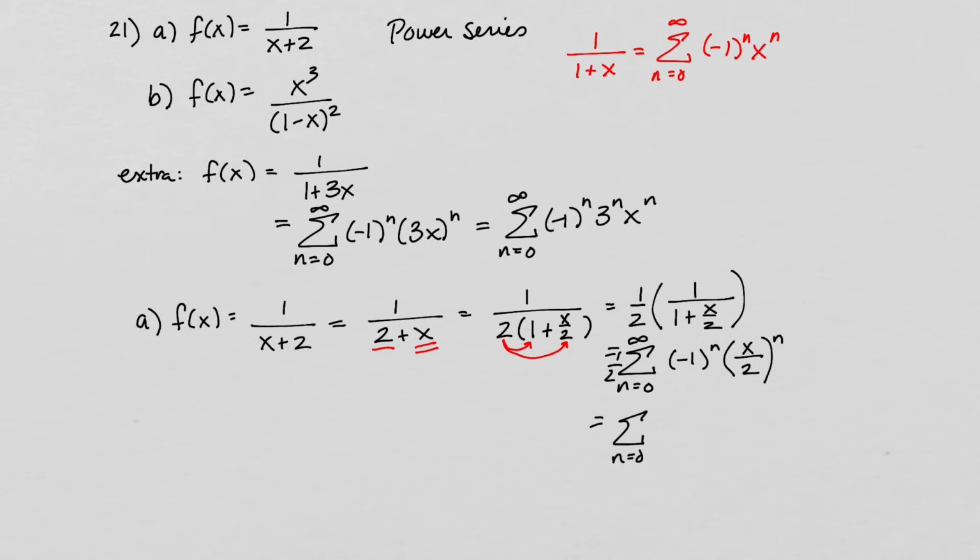So we'd have n equals 0 to infinity, 1/2 times negative 1 to the n, and I could rewrite this fraction as x to the n over 2 to the n. So this would end up being the summation n equals 0 to infinity of negative 1 to the n, x to the n, and on the bottom I'd have 2 to the n plus 1.